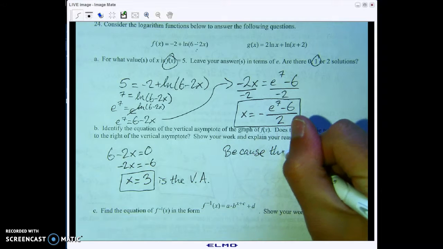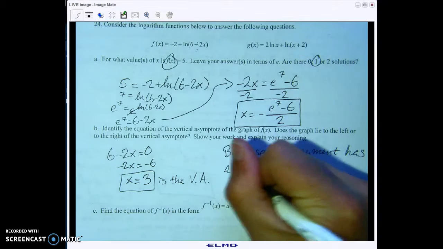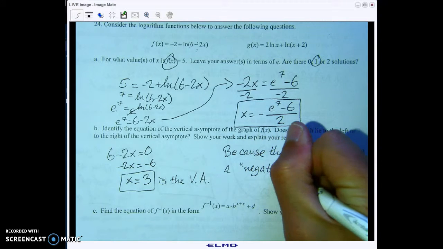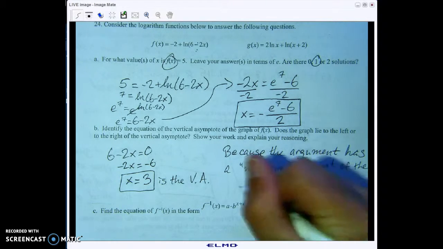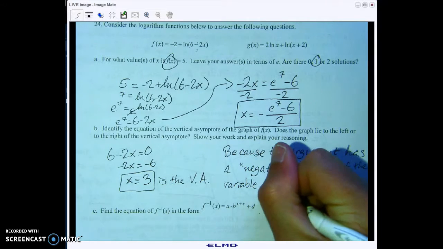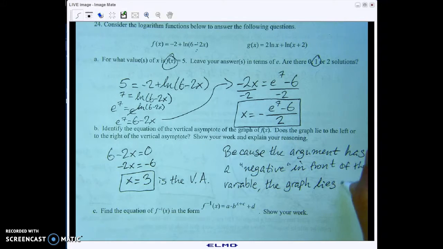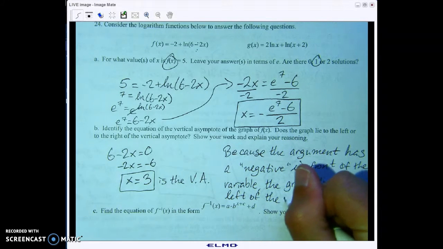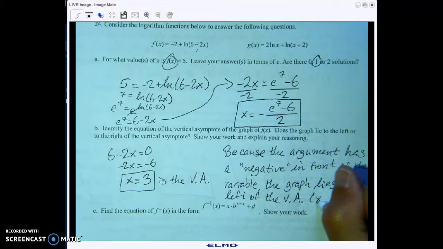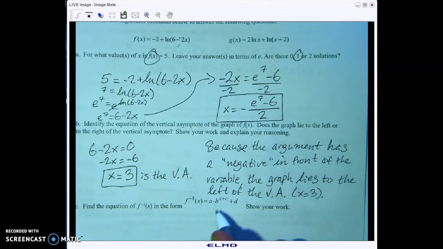Because the argument has a negative in front of the variable, the graph lies to the left of the vertical asymptote, which was x equals 3. Oh, lost some words there, but there it is. Left of the vertical asymptote.